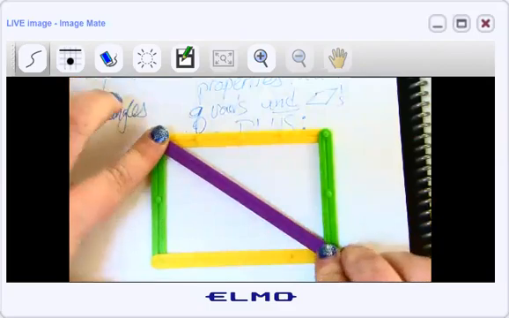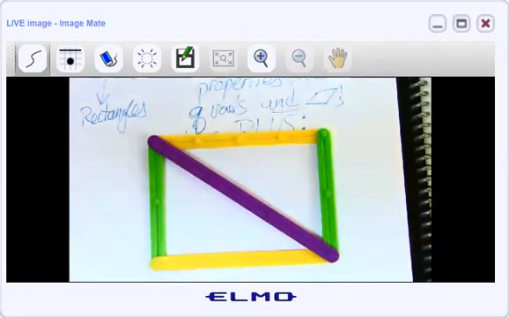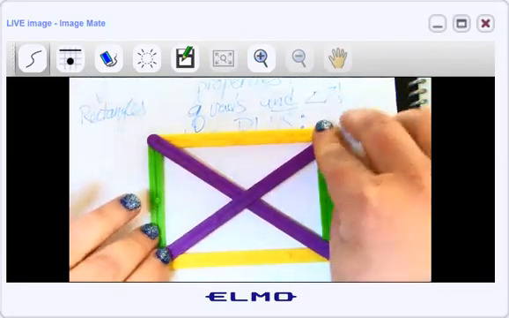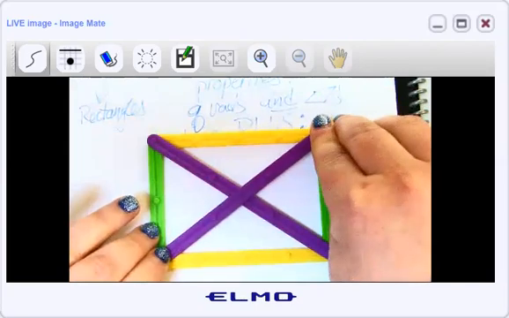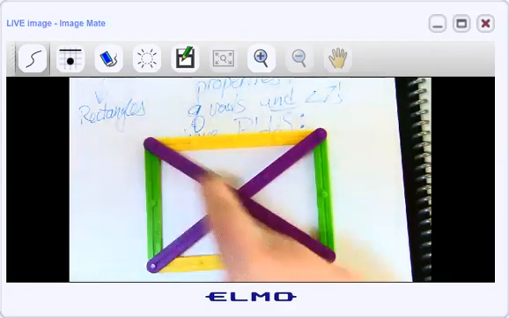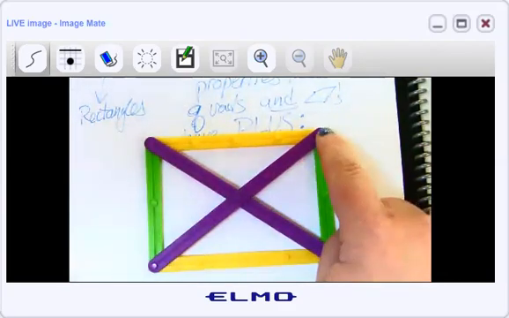Oh, no way. So hold on, there's a purple. And now when I take another purple, you'll see that it matches perfectly on the other side. I didn't know that the purples were going to work out so well. Look at that. So you can see that the diagonals in a rectangle actually really are equal to each other.